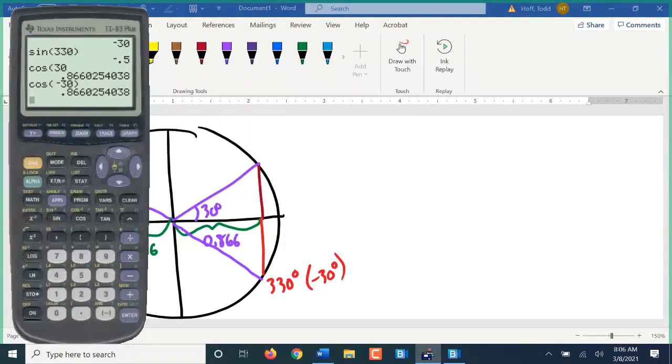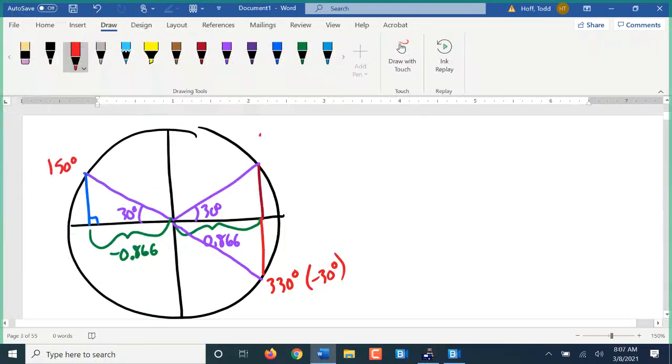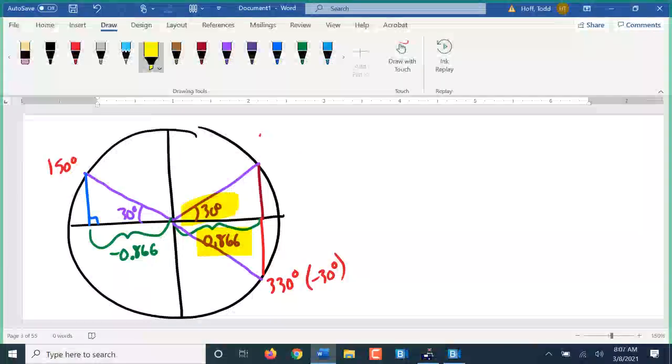So if you have the same reference angle, the trig functions, either the sine, cosine, or tangent, will either be the same or they'll be the opposite. They'll be the same number, but negative or positive. Which brings us back to our secant and cosecant. For the cosine here, by the way, it doesn't matter quite so much because we don't want a negative angle generally. A triangle can't have a 300 plus degree angle in it.